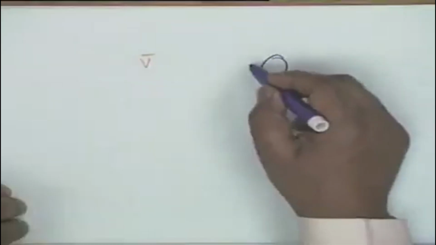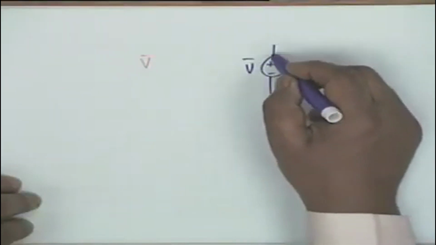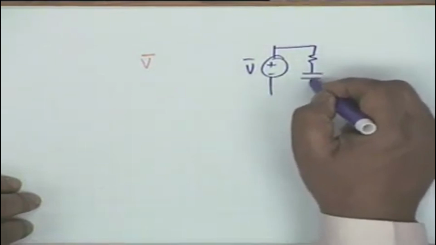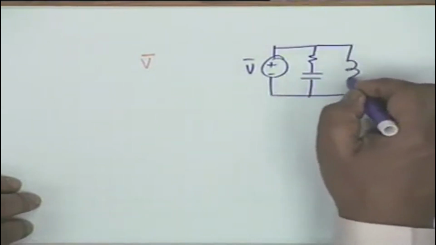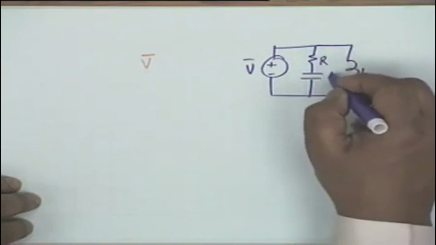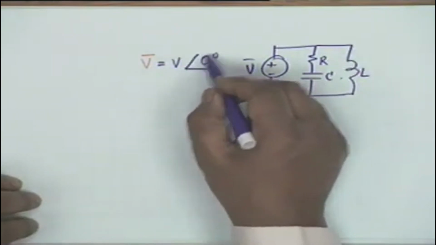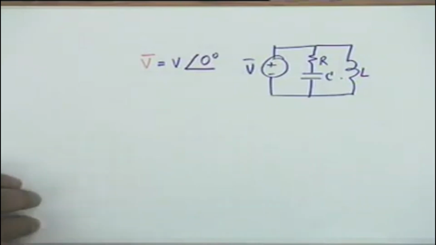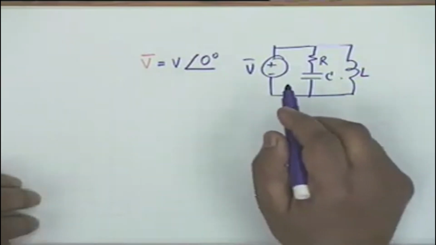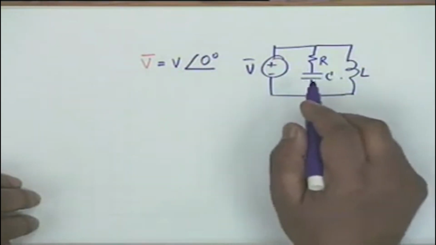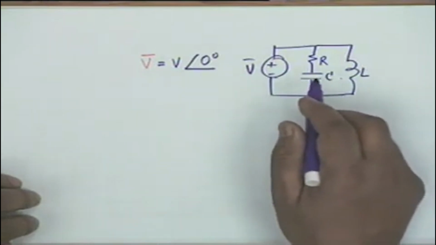exciting voltage. Let me draw this circuit again. If V is V at 0 degree, then show V and VC on the diagram and determine v of t.